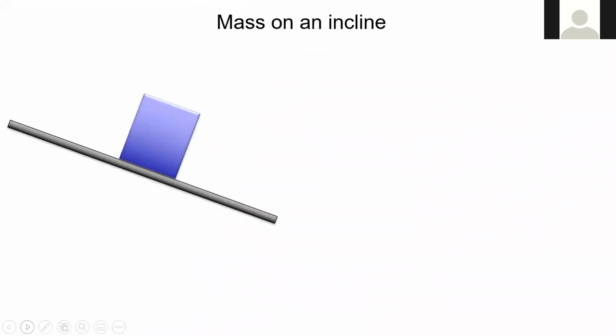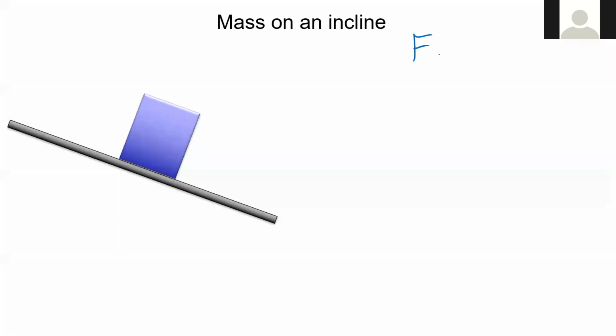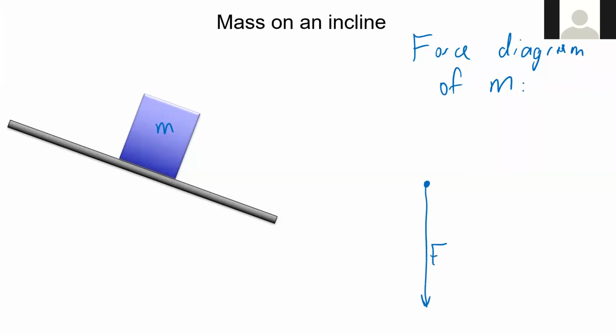If you have a mass on an incline, for example, I can try to draw the force diagram. If we call this M, I'll show you the way I normally draw it. There's the dot. We're going to have the force of gravity of the Earth on M, and don't forget your little arrow. What else do we have?